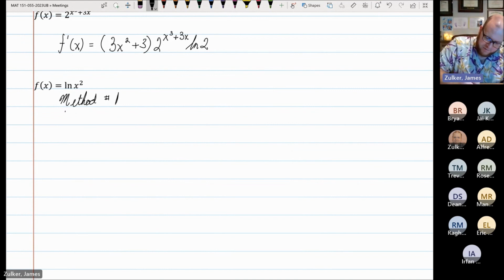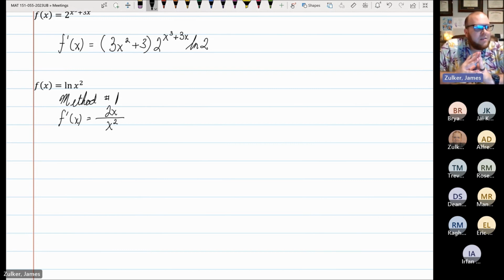First method: we take the derivative of what we're taking the log of, divided by what we're taking the log of. That's 2x over x squared. This simplifies to just 2 over x.